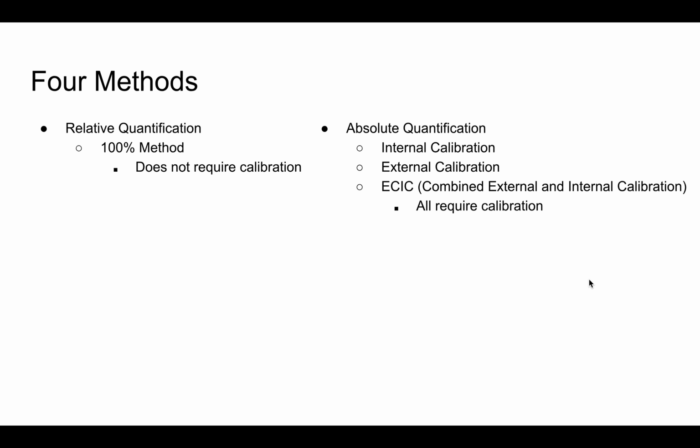The ECIC method is simply a combination of the internal and external calibration methods. One thing to note about the 100% method is that there is no required calibration step in order to calculate percent purity, whereas these three methods require a calibration step if you want to calculate the percent purity.